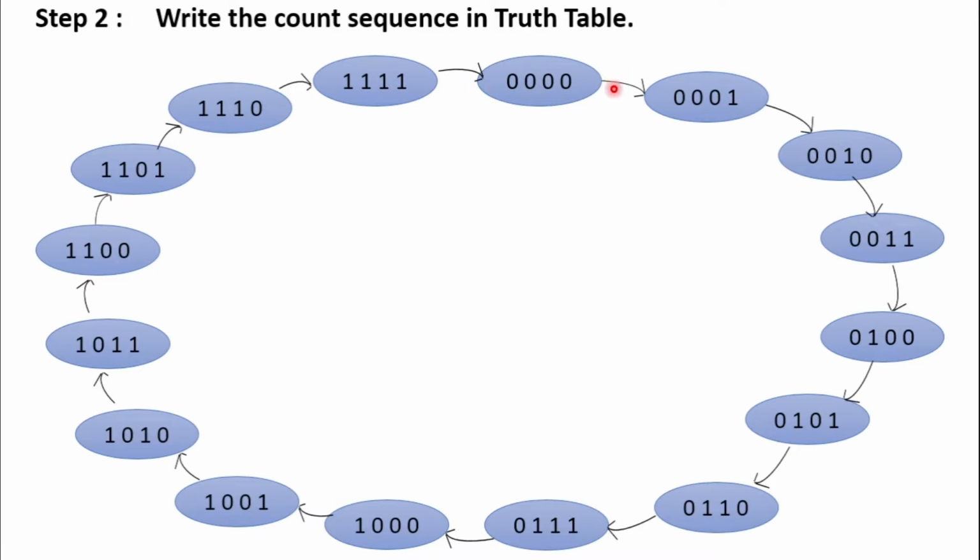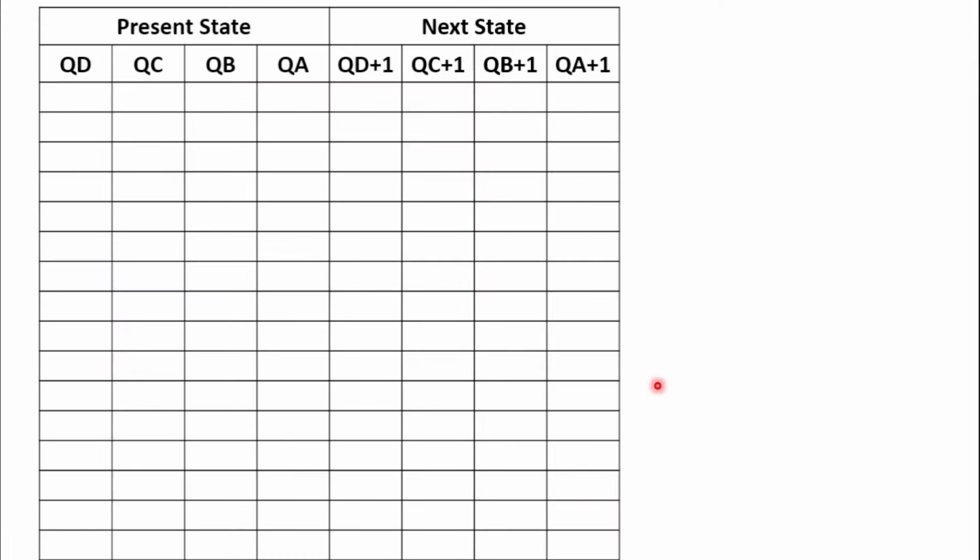So from this state diagram, we will form a table where the previous state is written and the next state is written. In the first instance, this is the previous state and this is the next state. After first clock, this is the previous state and this is the next state. And this happens in a sequential manner. So the same state diagram is converted into this truth table.